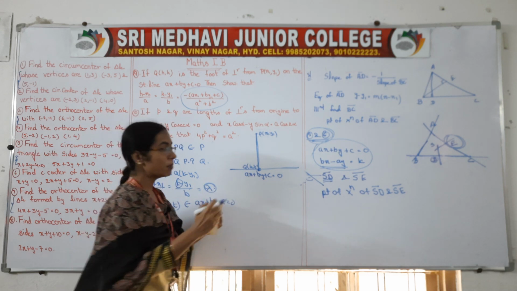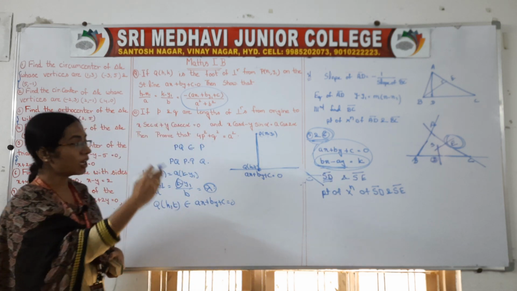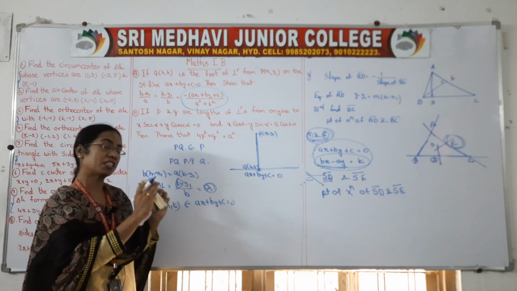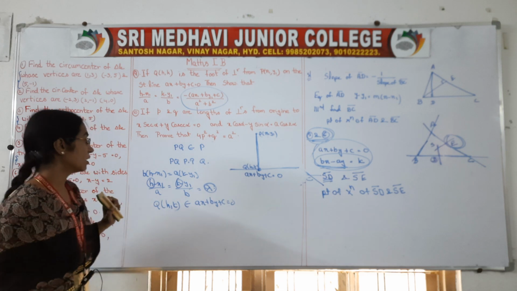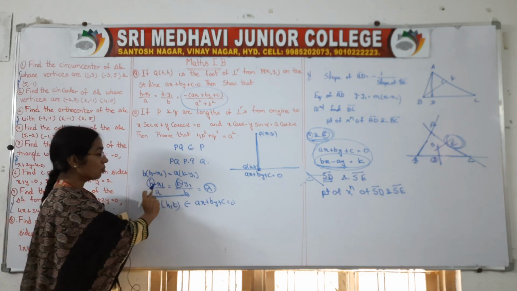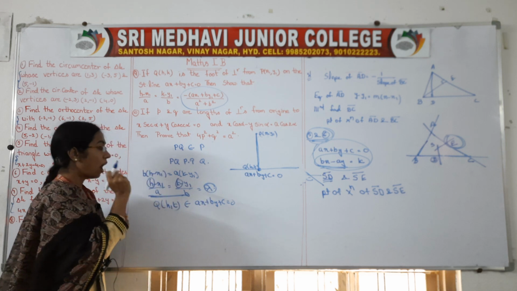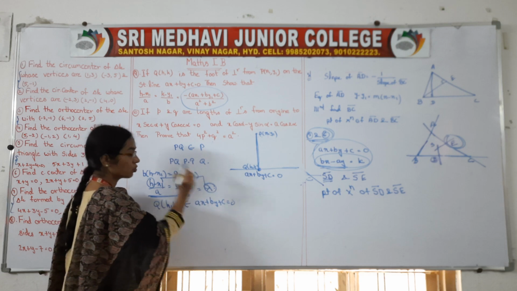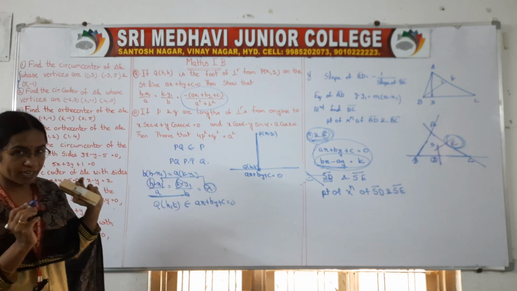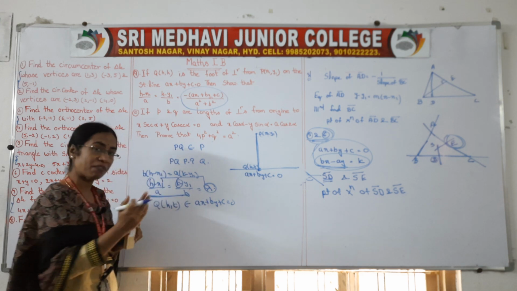Whenever it is perpendicular, the PQ line equation is this one. This line passes through P, you will get one equation. This line passes through Q, another equation. Both are equal, so we write it equal to some lambda. After that we take these two and find the h value, then these two and find the k value.